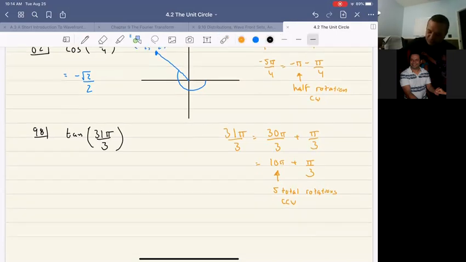So we're going to have the angle here that goes with pi over 3. We remember what pi over 3 is, not pi over 6. Oops.